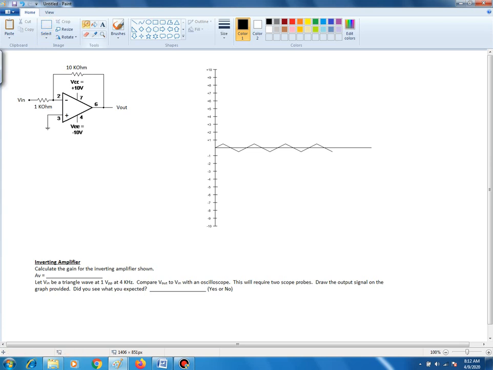So one of the first things again is to figure out what the voltage gain is. A sub V is equal to negative RF over Rin. So we have negative 10 kilo ohms over 1 kilo ohm. The result is that we have a gain of negative 10.